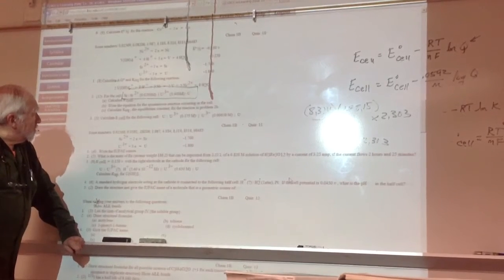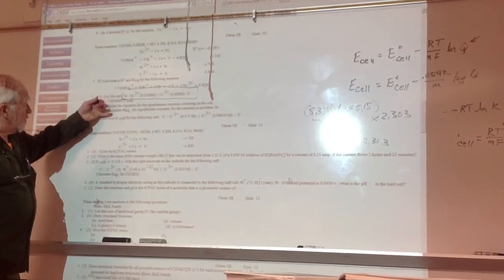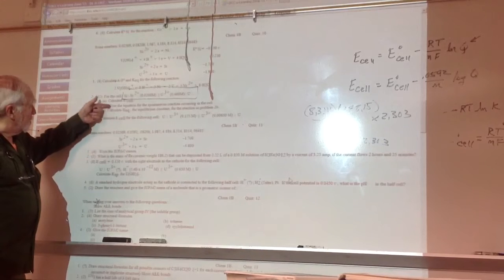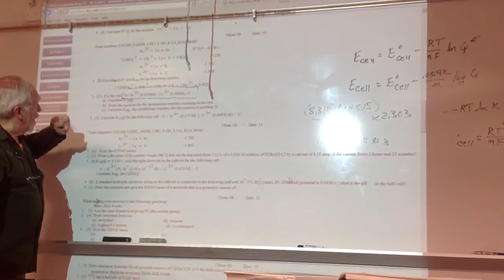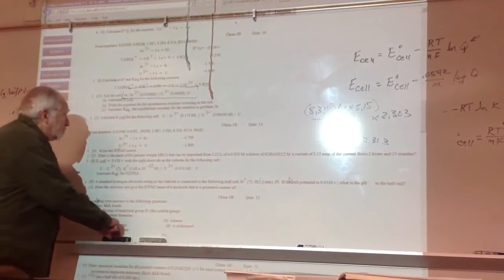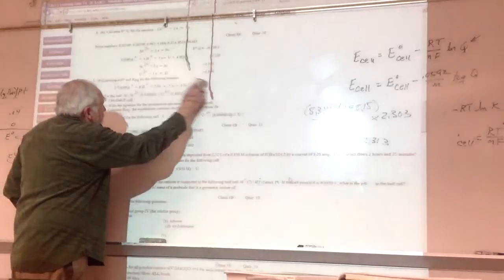And so what we have to do, and notice I put these questions in this sequence. Sometimes I just say write the spontaneous equation for the reaction in the cell, things of that sort. Let me put some more questions in.